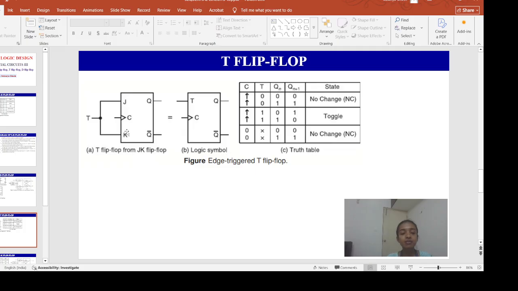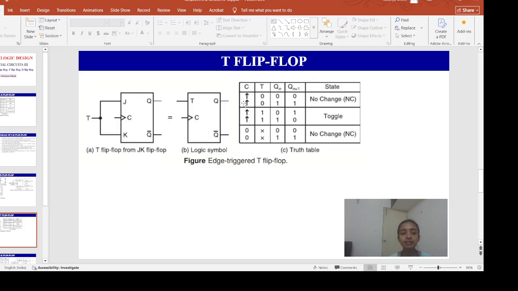Toggle means it will change the state. If T is 1, it will toggle to the other state. When T is 0, J and K are both 0, so there is no change in the state. You can see the logic symbol and the truth table of the T flip-flop over here.